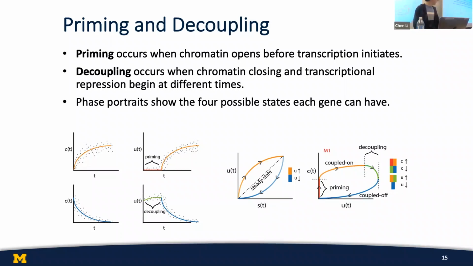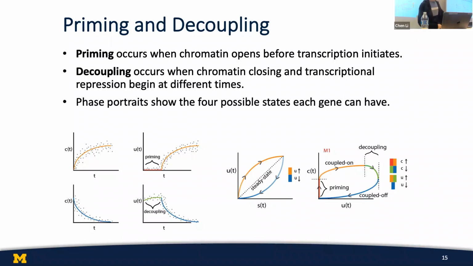Like shown on the left, the top one is showing the priming phase, where the chromatin already goes up, but the unspliced count stays at 0. And for the decoupling at the bottom, the chromatin starts to drop first, and then the unspliced count follows.